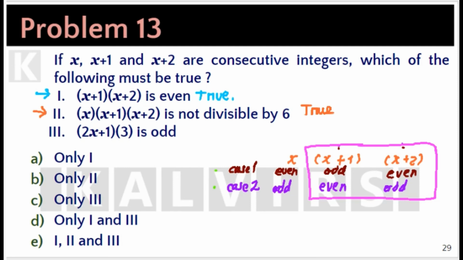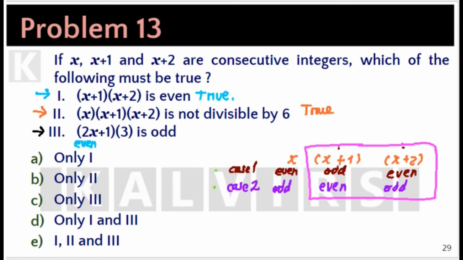Now, statement 3. According to statement 3, 2 times x plus 1 times 3 is odd. Now, 2 times an integer is always even, so twice an integer is always even.